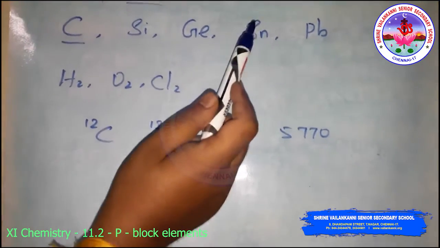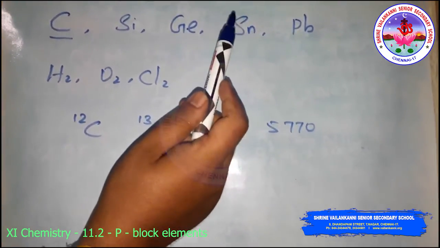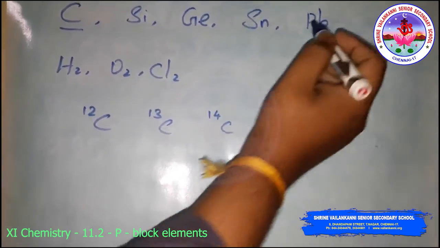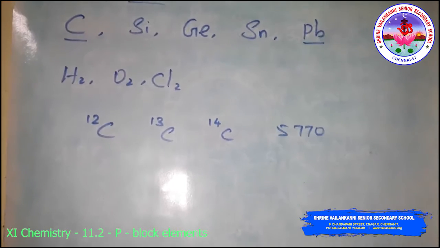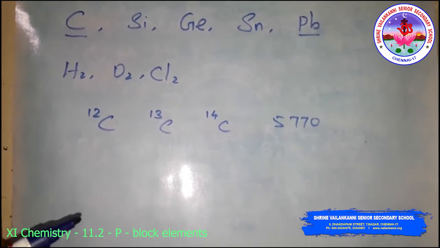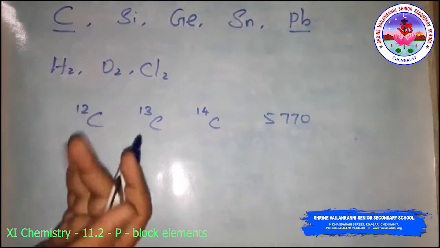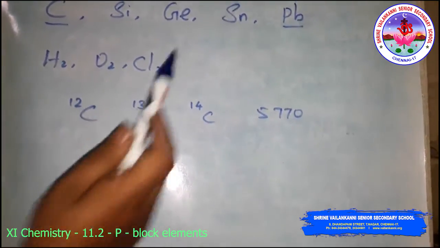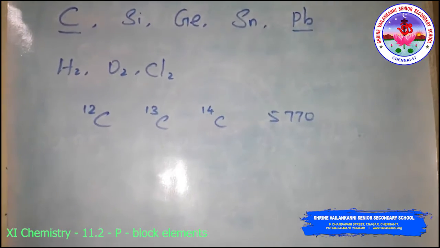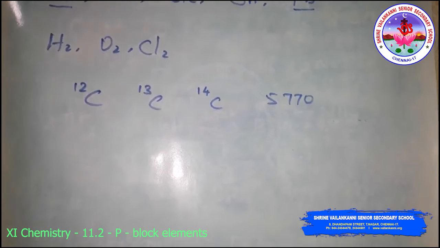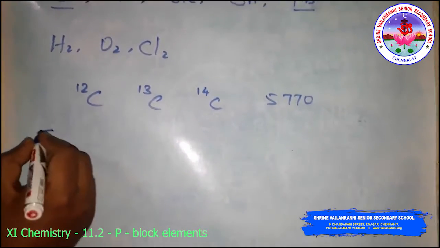Tin occurs mainly as tin oxide, and lead as galena. Germanium and silicon are used to make transistors and semiconductor devices. Then we will see the electronic configuration.